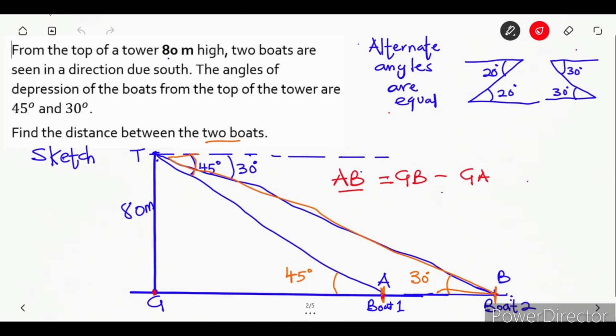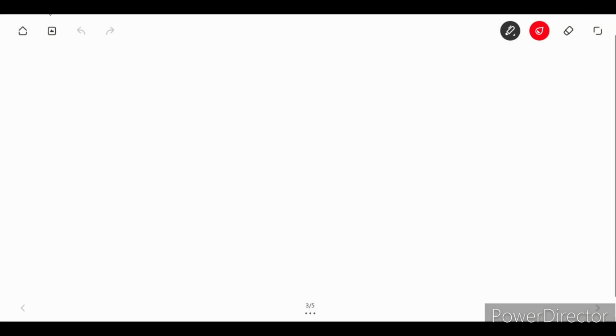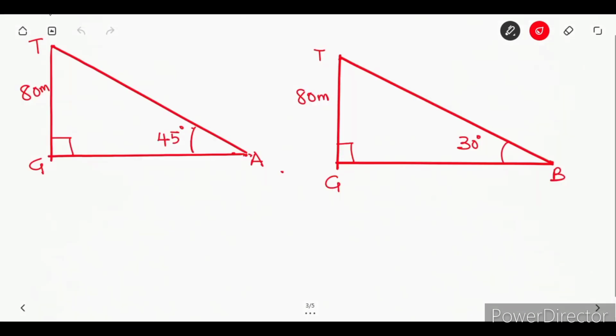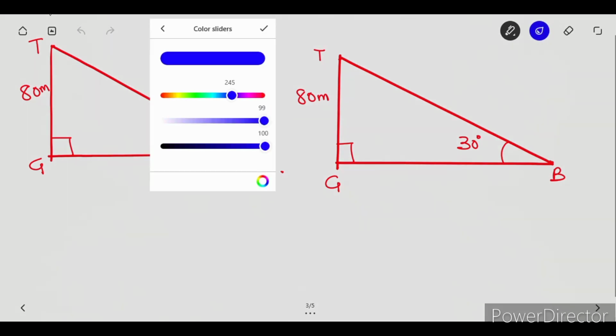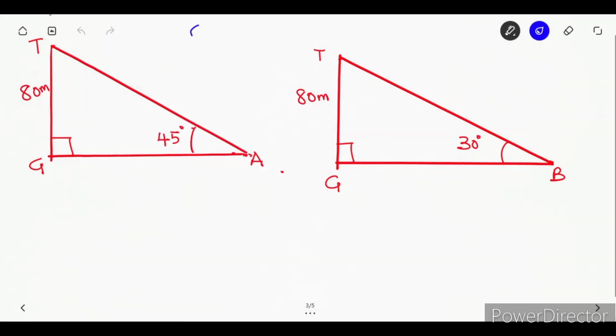So going from this page now, I have replicated the triangles. I've brought out the two triangles here such that I will be able to find GB minus GA, which will give me AB, which is the distance between the two boats.